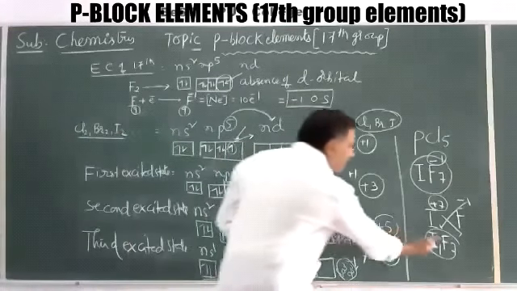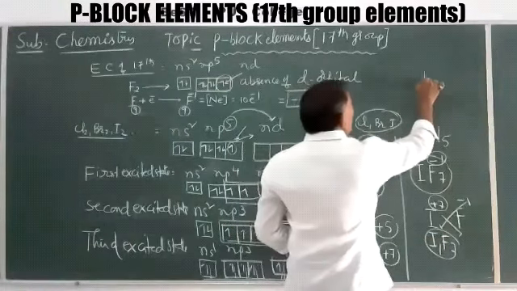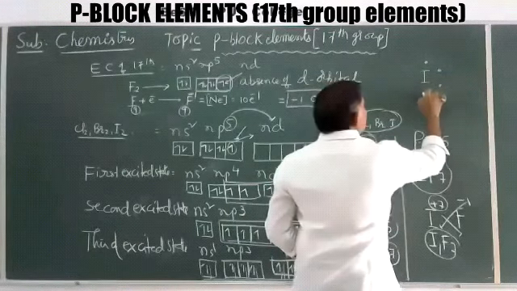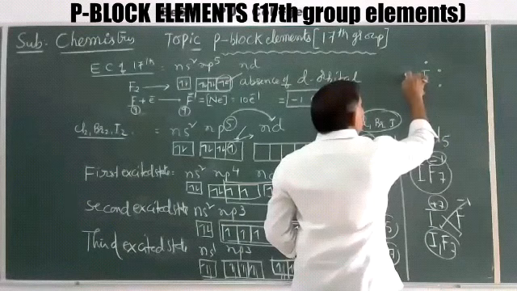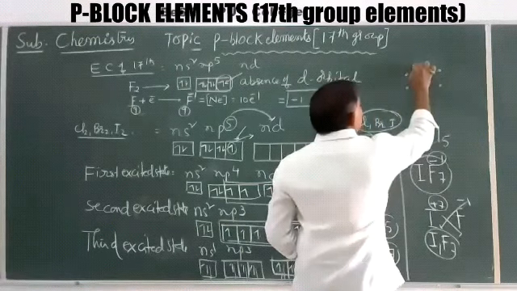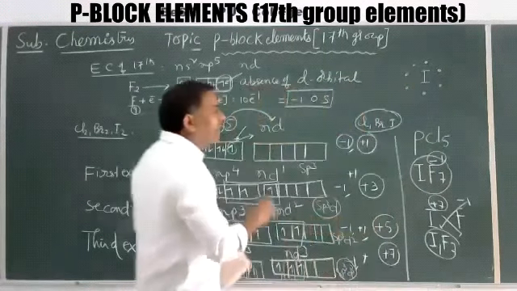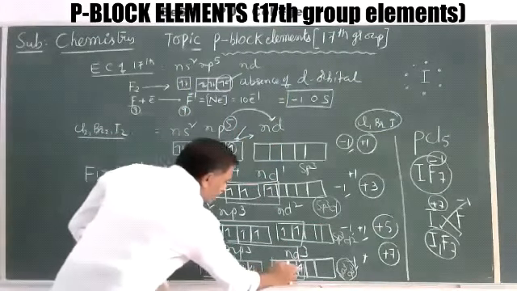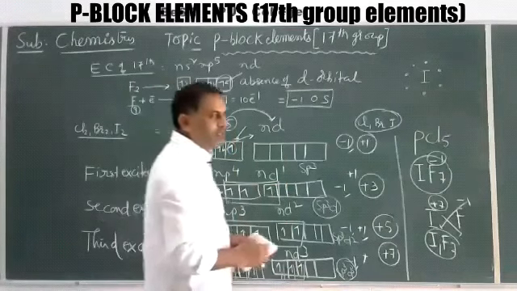In this IF7 also, the same thing: around iodine there are 7 unpaired electrons, 1, 2, 3, 4, 5, 6, 7, that is in the third excited state.